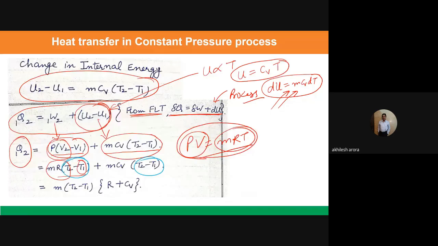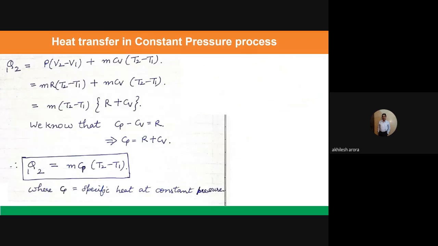So you can take m and (T2 minus T1) as common out of the brackets and you are left with R plus CV. You must be remembering Cp minus Cv is equal to R. So Cp will come out to be R plus Cv. And you will get the value of heat transfer as mCp(T2 minus T1).